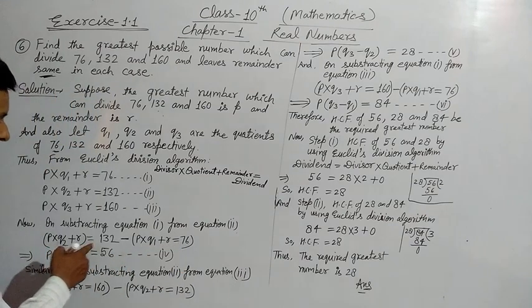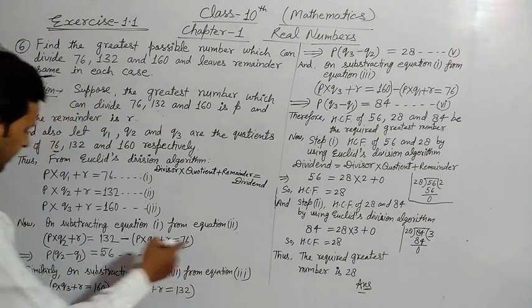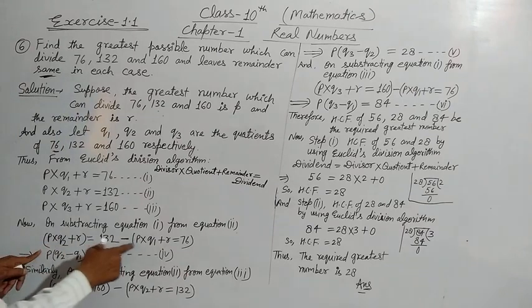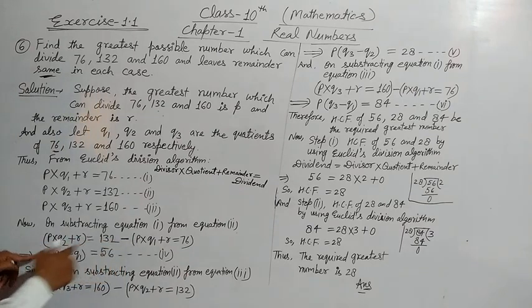This is equation 2 minus equation 1. Now P is in both, so we can take it as common.